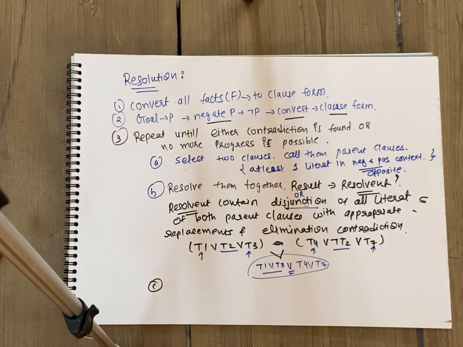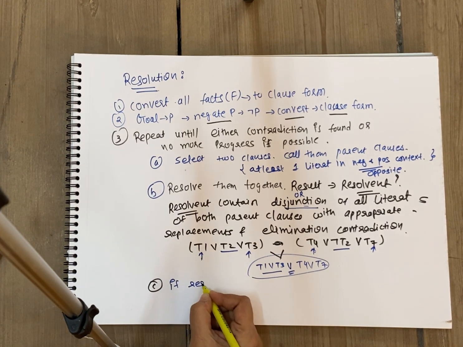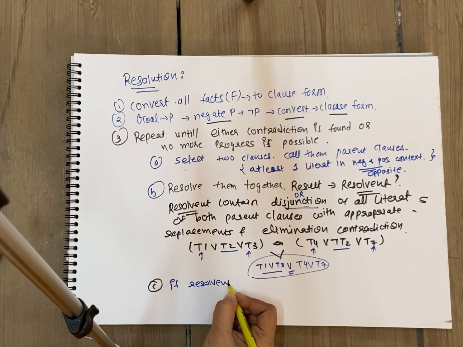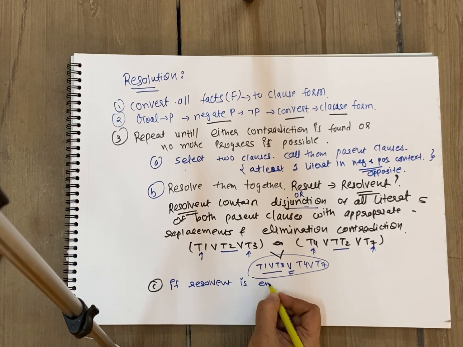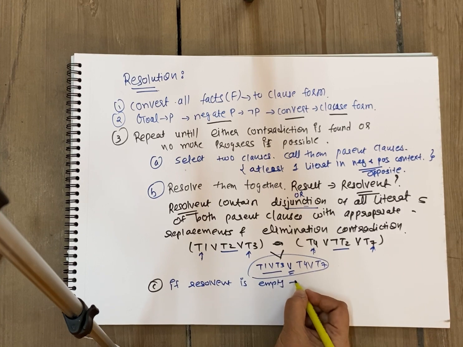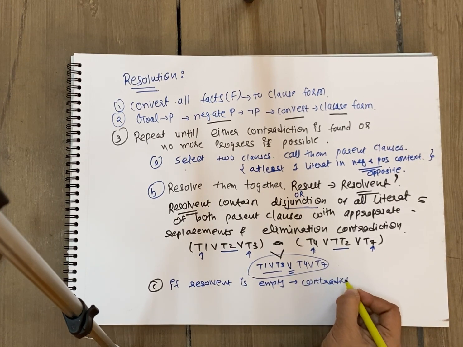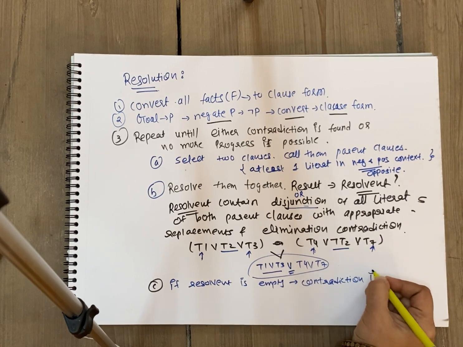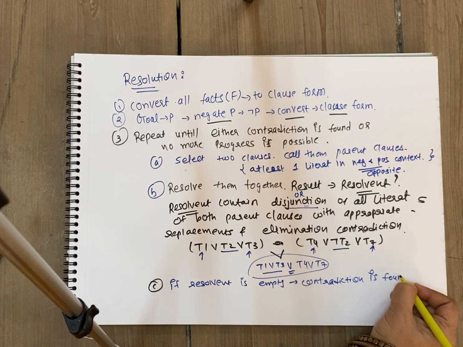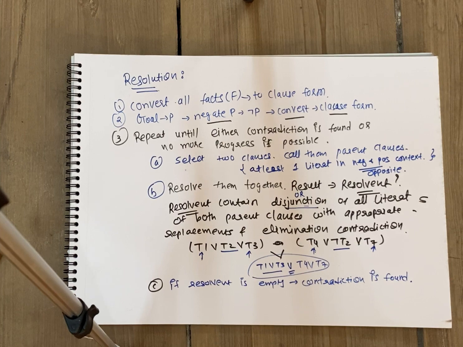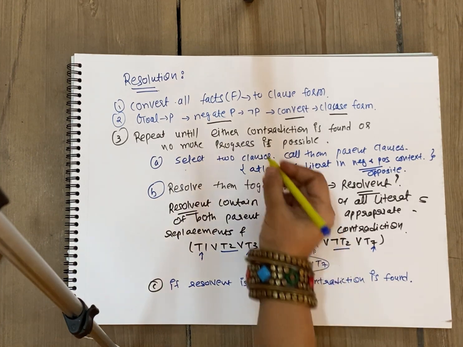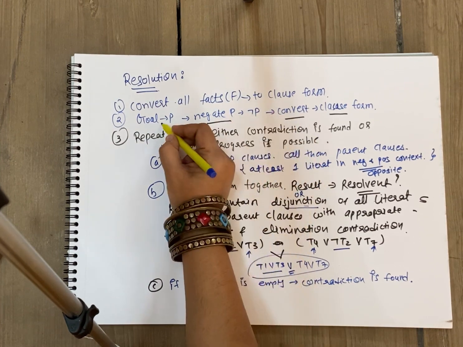Okay, now what we are going to do next as the third step? What is the third step over here? If the resolvent is empty, it means contradiction is found. So we are going to stop over here and we can say that negated P is not true but P is true.